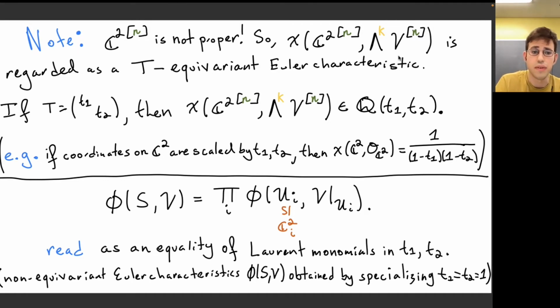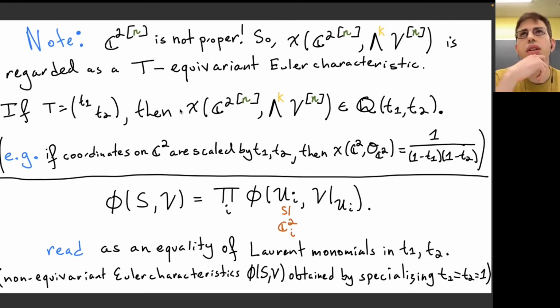So where does this live? Instead of being just some number, now each of these Euler characteristics is some rational function in the torus itself. So even though it's infinite dimensional, each individual torus weight space is finite dimensional, so I can make sense of its Euler characteristic. Even in the simplest example, this is kind of interesting.